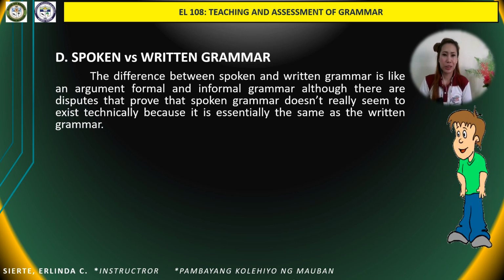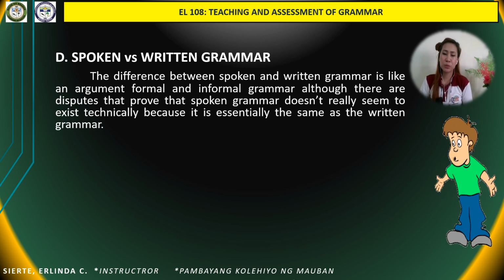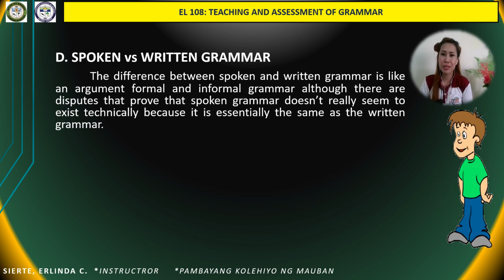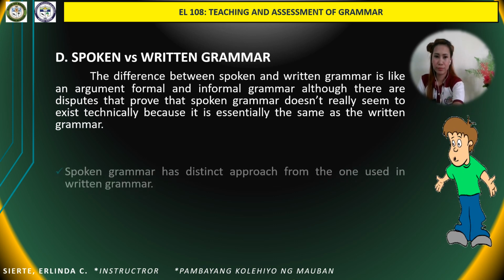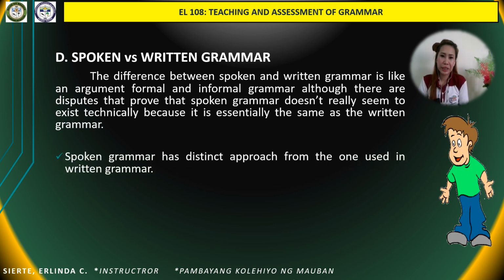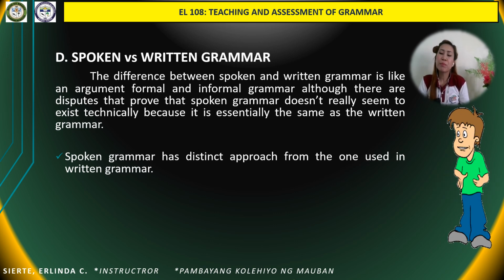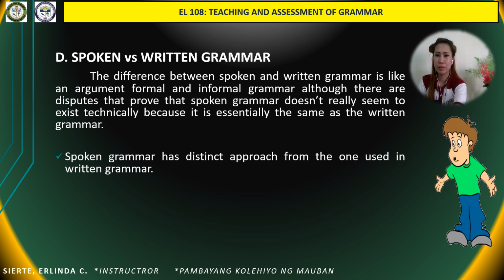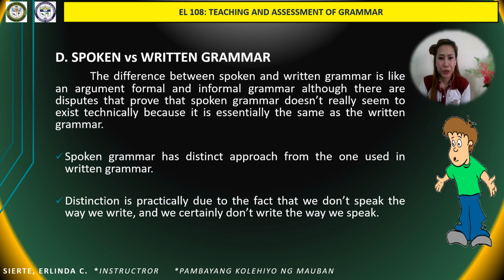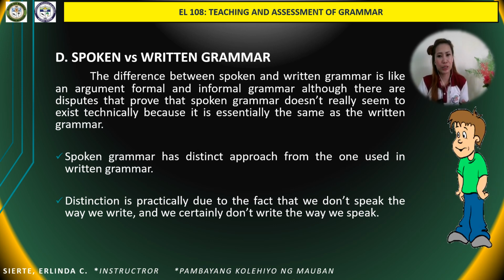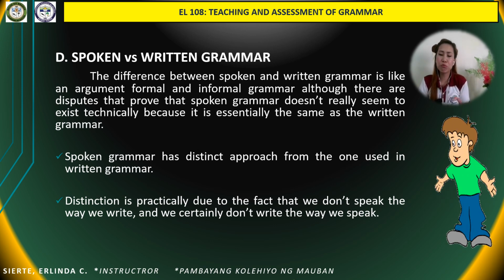Although there are disputes that claim that spoken grammar doesn't really exist technically because it is essentially the same as the written grammar. So when we say spoken grammar, it has a distinct approach from the one being used in written grammar. And this distinction is practically due to the fact that we don't speak the way we write.